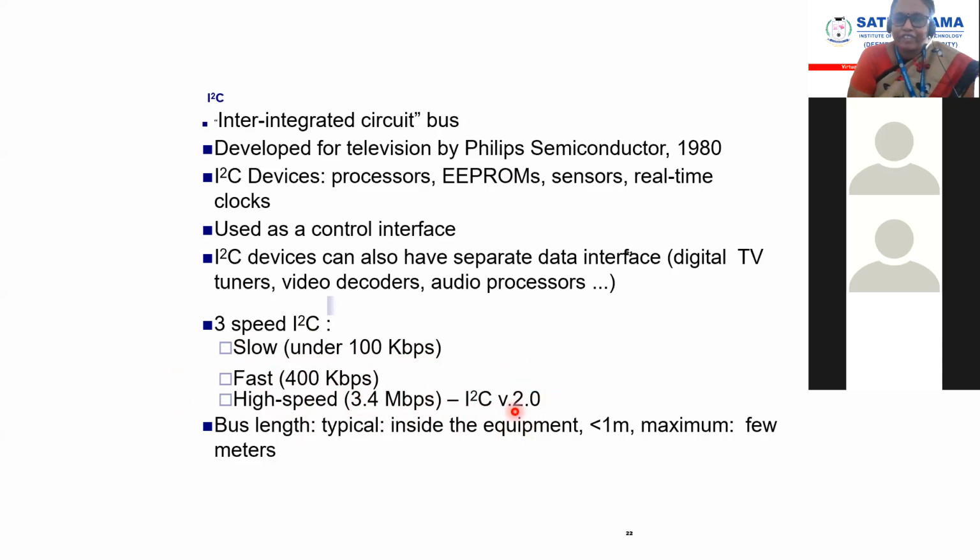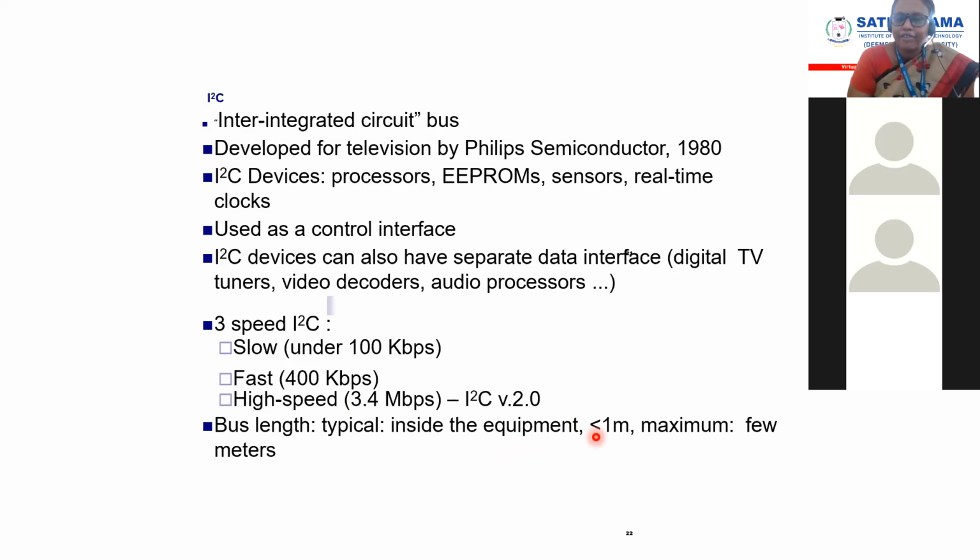That is version 2.0, I2C v2.0. Bus length, as I already told, is only inside the equipment, so depending on it, it will be less than 1 meter. I2C is a serial communication protocol developed by Philips. It is mainly used inside the equipment, less than 1 meter only. Depending upon the speed, we have three categories of I2C buses.